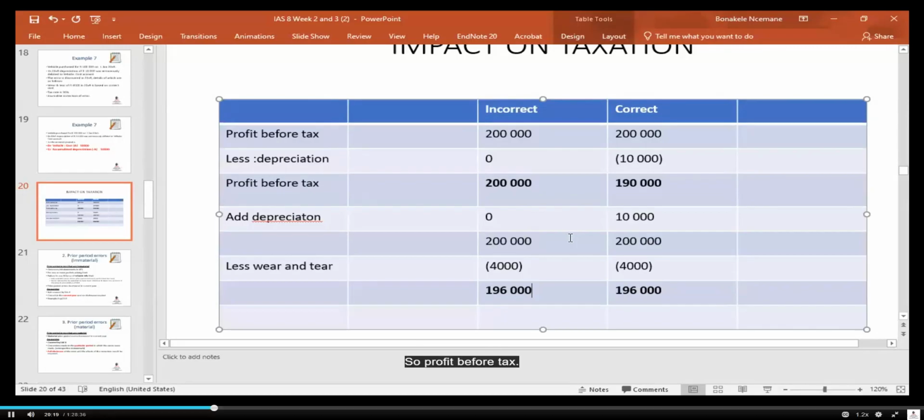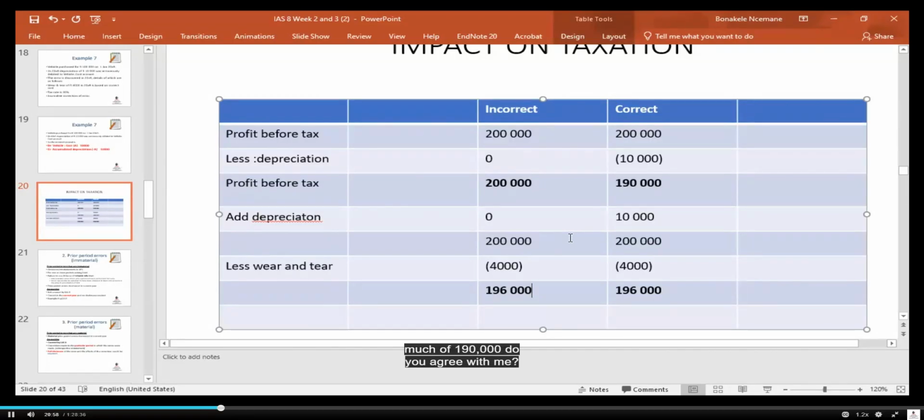So profit before tax, remember, I said this is an assumed profit before tax. It was 200,000 on each side, right? But what I'm saying is, had that profit before tax been correctly counted, you would have deducted 10,000 of depreciation. Do you agree with me? Now, if you would have deducted 10,000, you would have ended up having a profit before tax of how much? Of 190,000.